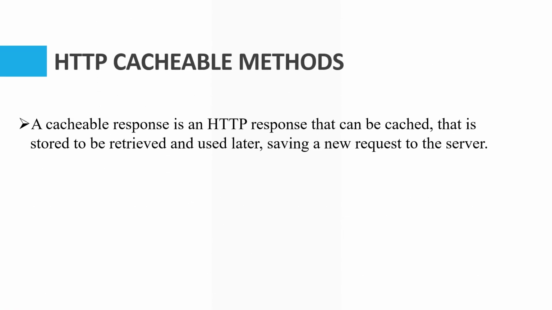A cacheable response is an HTTP response that can be cached, that is, stored to be retrieved and used later, saving a new request to the server. Please be aware that not all HTTP responses can be cached. There are some constraints for an HTTP response to be cached.